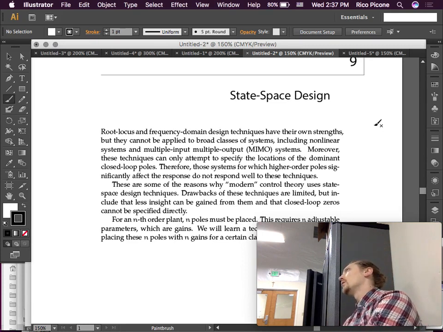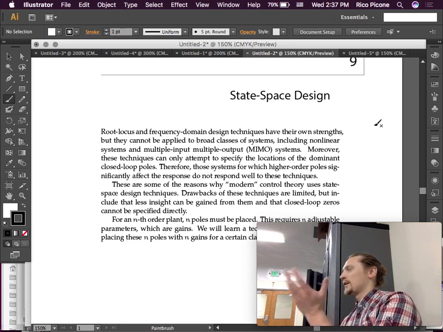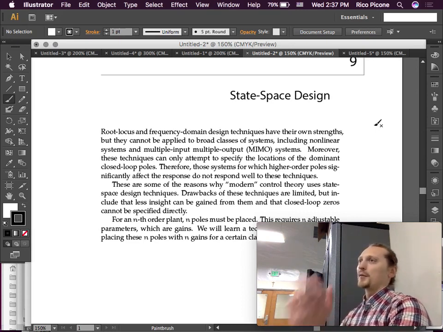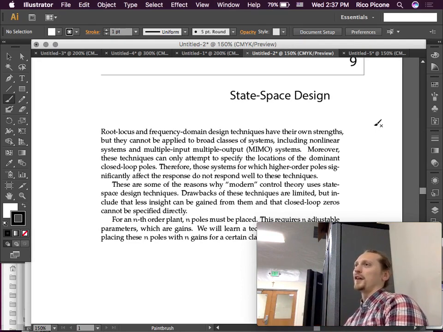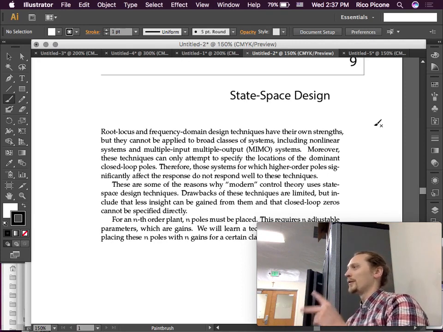So you are using the second order approximation always when you're using those classical techniques for design. Almost always that's what we're thinking in terms of. If we move the poles to the left, we're talking about settling time decreasing, and all that. But it's always based on there being only two dominant poles.